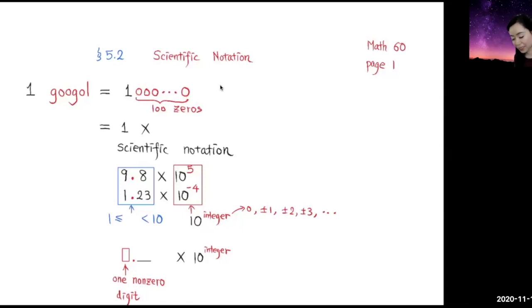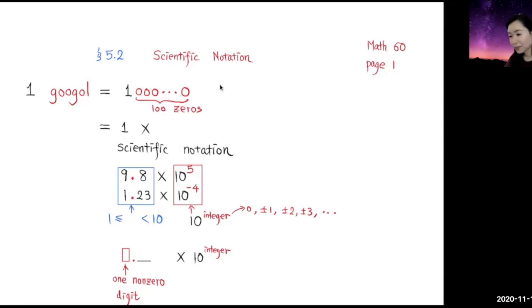Now this number here, if you write 100 zeros after that, that will be very tiring, right? You take the whole page, the whole chalkboard to write it. I used to have a student who tried to write 100 zeros there. And sometimes you might miscount, right? Now, a better way to represent this number is using scientific notation.